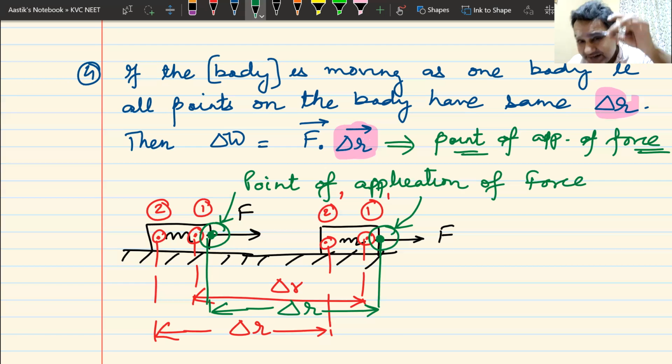Now if someone asks you what is the work done by gravity on this body, you don't have to look at the motion of this point, or this point.